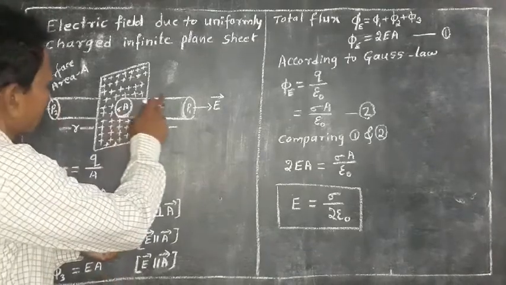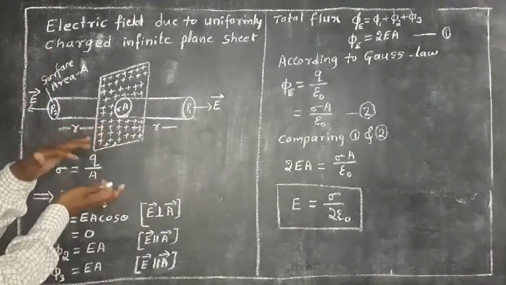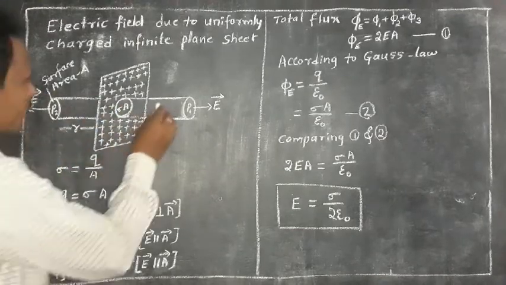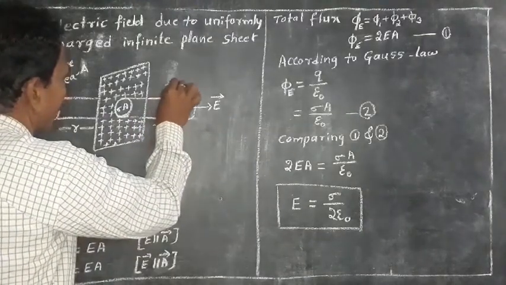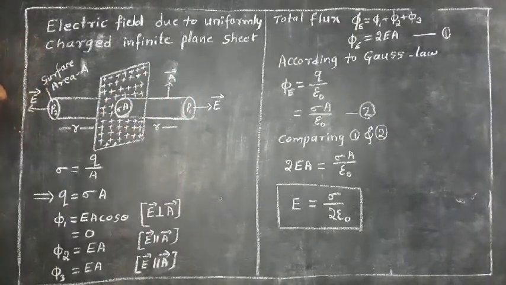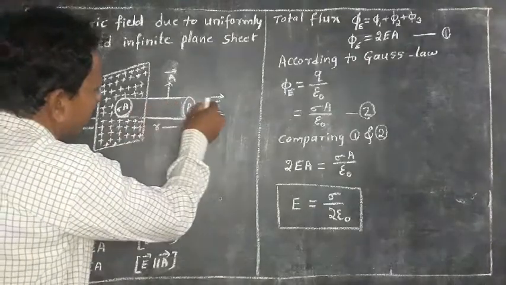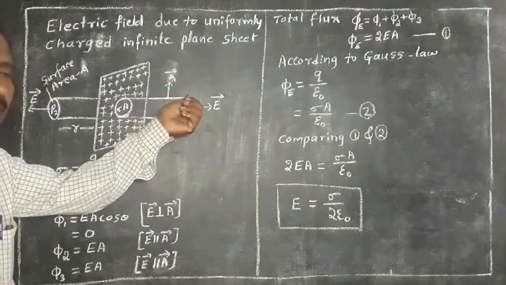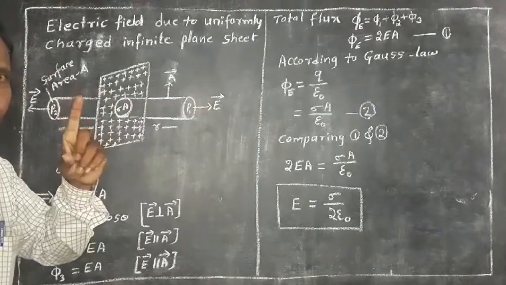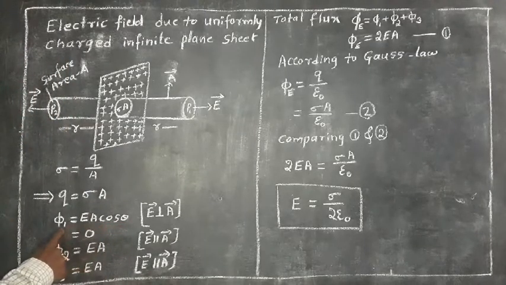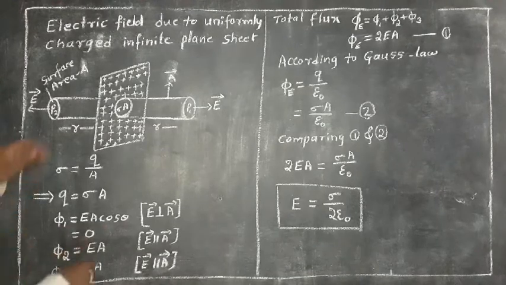For the curved surface at any point, the area vector is always the outward normal, and the field vector is along the curved surface. Therefore, the angle between area vector and field vector is 90 degrees. Therefore, cos 90 equal to 0, hence phi 1 is equal to 0. That is, flux through the curved surface is equal to 0.